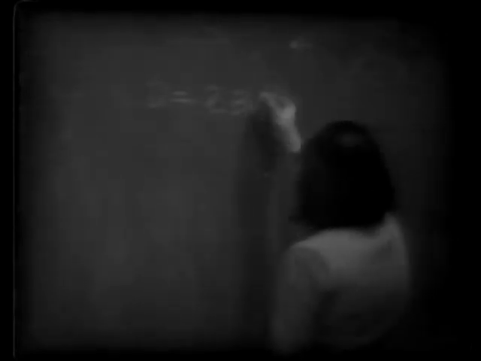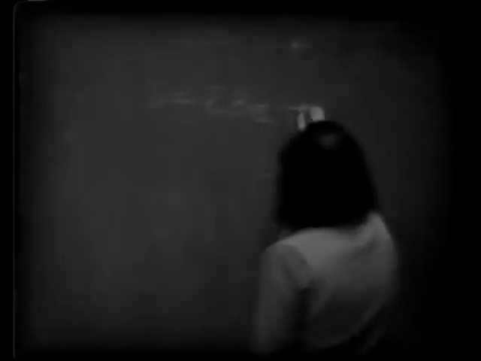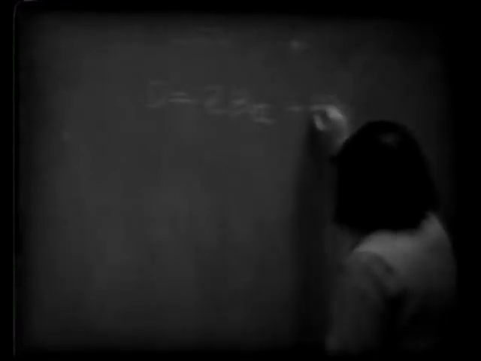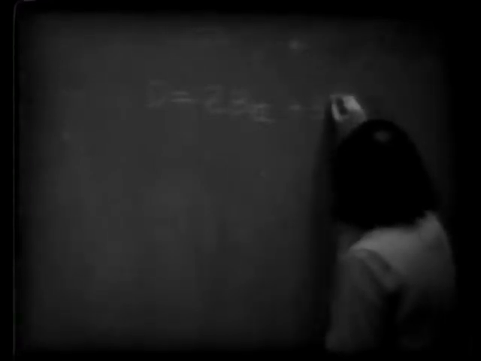Every internal Bose line gives a factor of 1 over k squared from the propagator and a factor of d4k from our integration. Therefore, it gives us 2 powers of k in the numerator. Some of those will be reduced by delta functions at the vertices, but I'll take care of that later. Every internal Fermi line gives us 1 d4k in the numerator and 1 power of k in the denominator.